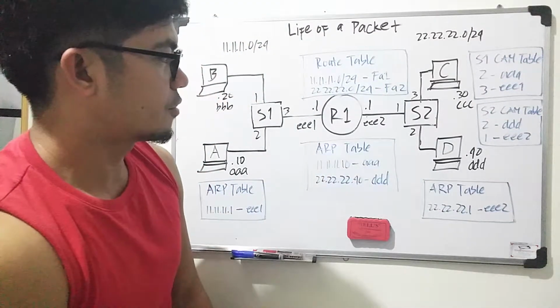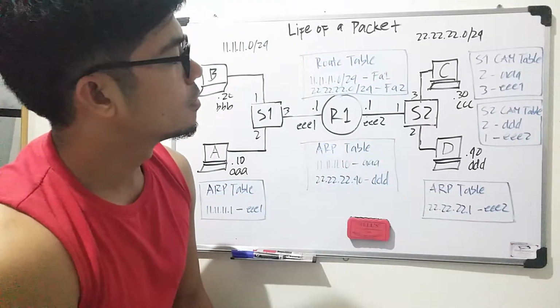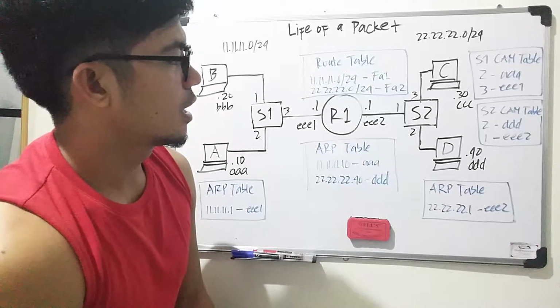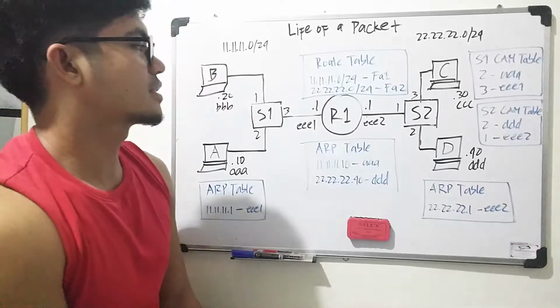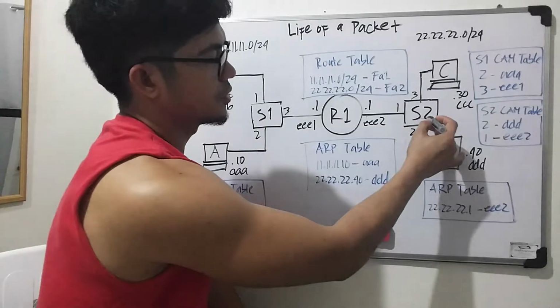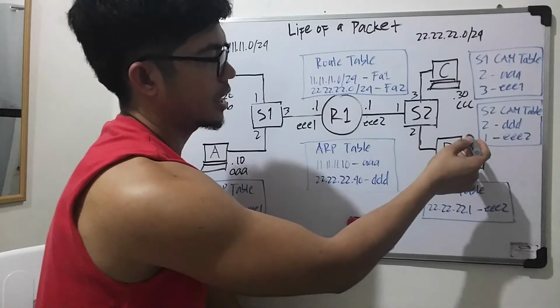So host D is going to respond, and it will be unicast. So switch 2 is going to update its CAM table.